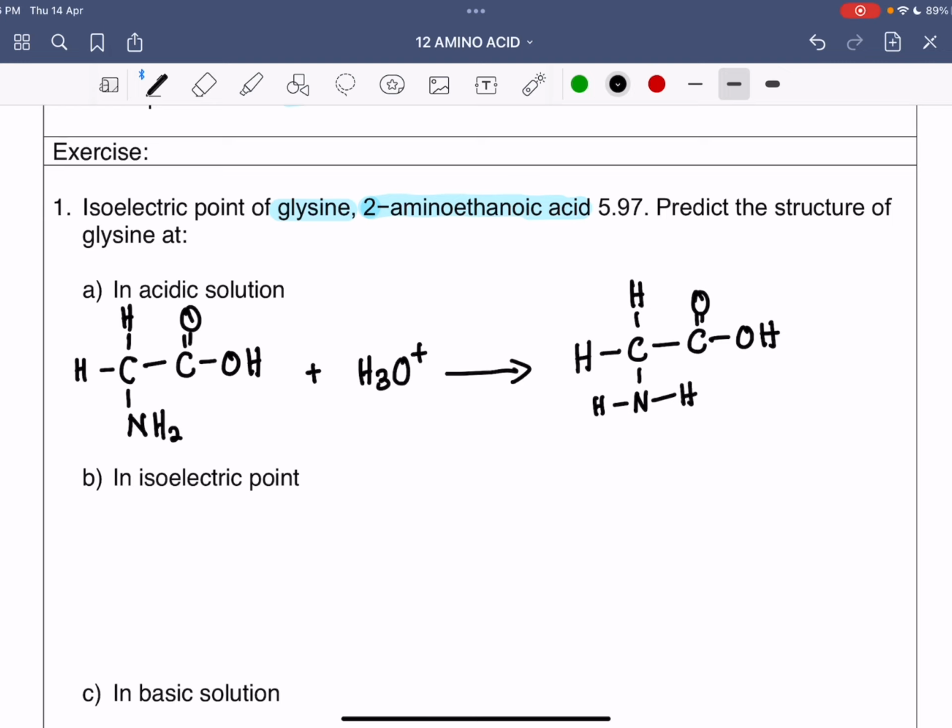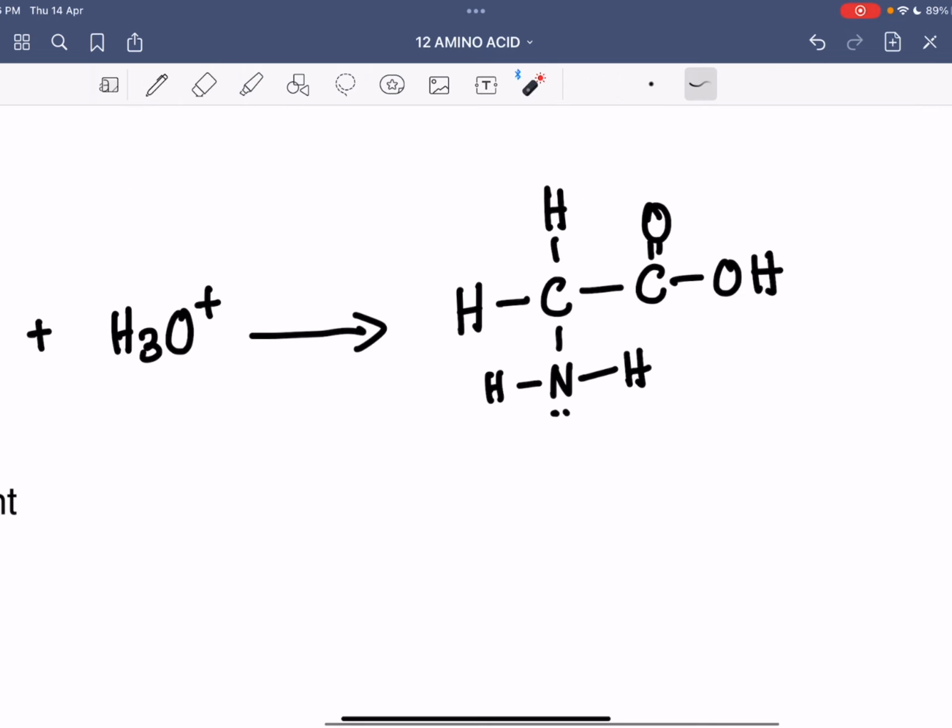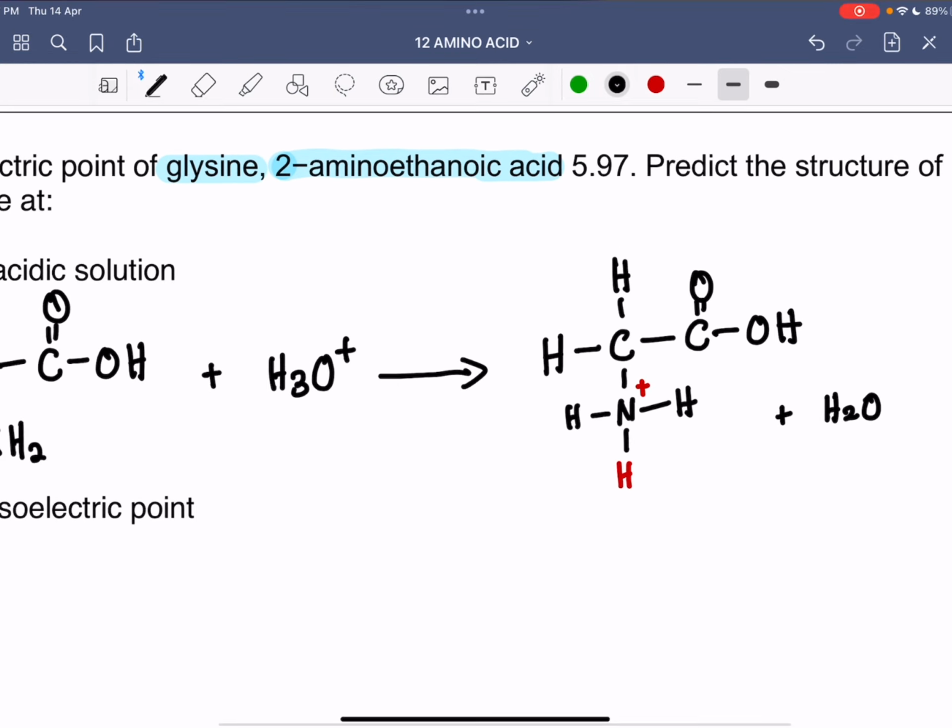And then this one. The lone pair here will accept the H plus. So it will produce H, but we have plus here, plus H2O.